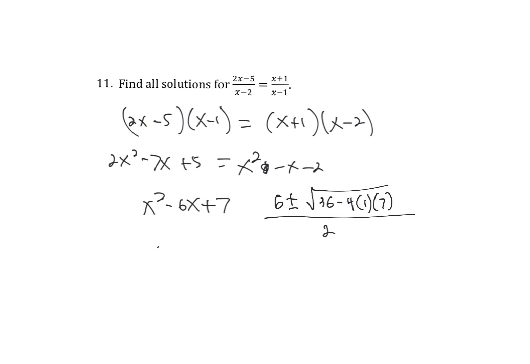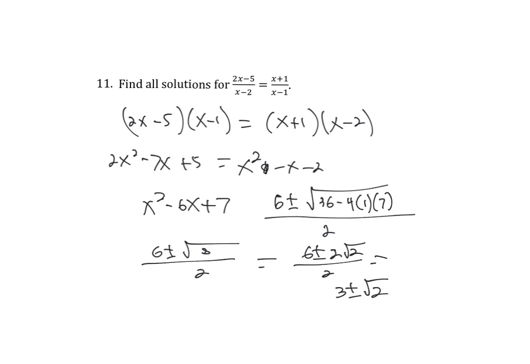So we get 6 plus or minus the square root of 36 minus 28, or 8, over 2, which gives us 6 plus or minus 2 root 2 over 2, which is equal to 3 plus or minus the square root of 2. Those are our two solutions. Okay.